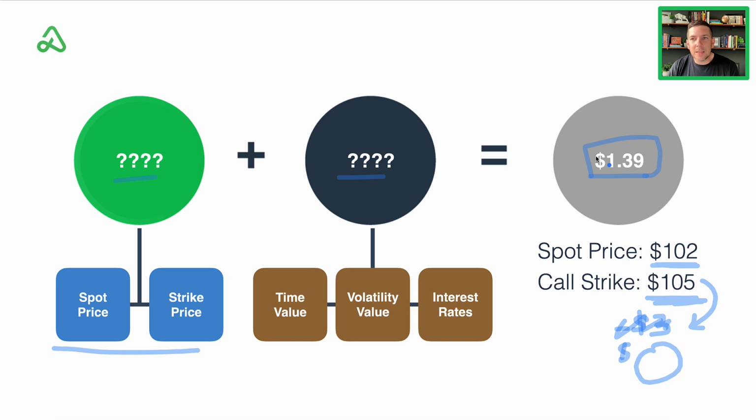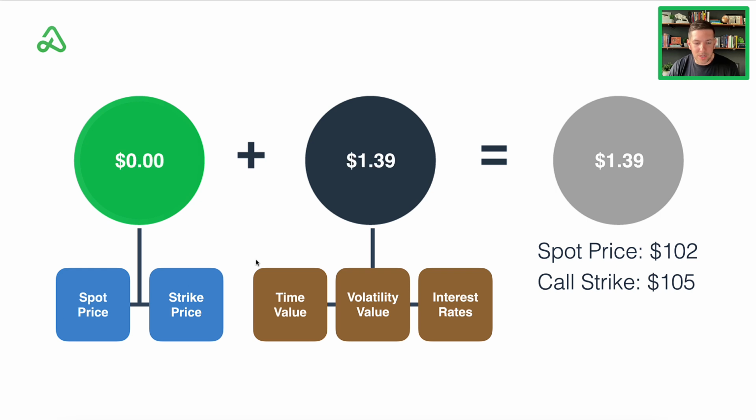Then where did this number come from? Where did this 139 come from? And the answer is that number is all extrinsic value. So an out of the money contract, the entire value is wrapped up in time and volatility. That's the only thing that it could be. The only thing giving it value is the fact that there's time and volatility left until expiration.